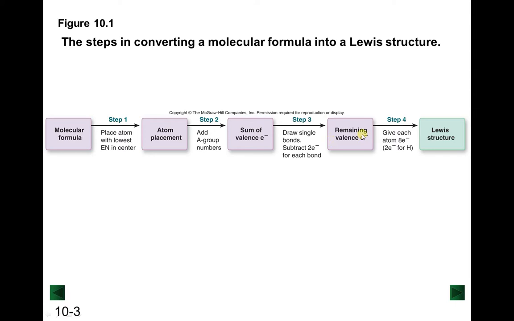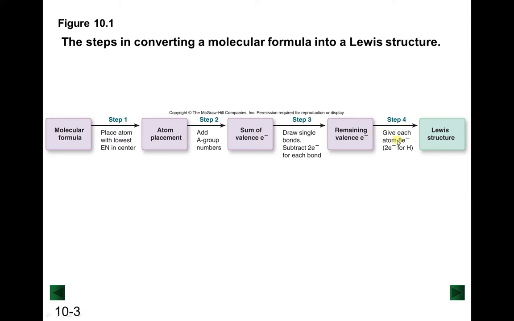So these remaining valence electrons, you distribute them to the peripheral atoms or even to the central atom, taking note that there is a tendency for atoms or elements to take on the form of octet fulfillment, meaning that each atom in your molecule would have a tendency to have 8 electrons around it.